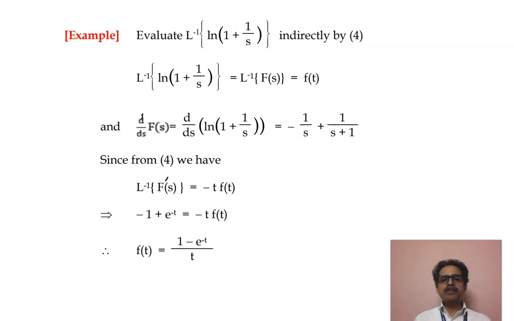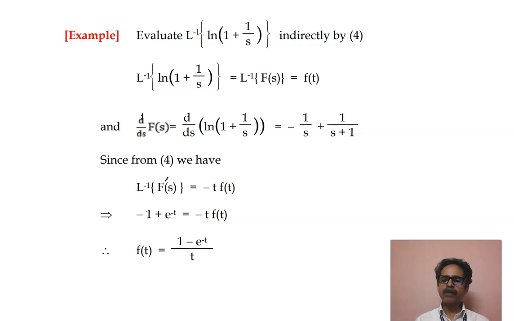So the last two examples suggest that there are some functions like inverse trigonometric functions, tan inverse, cot inverse, or logarithmic functions like log of s plus 1 upon s plus 2, or log of s square minus 9 plus 9 upon s square plus 4. If you consider the inverse trigonometric functions, tan inverse, cot inverse, or logarithmic functions, their inverse Laplace transforms are complicated, but their derivatives are very simple, so that we can find their inverse Laplace transform easily.